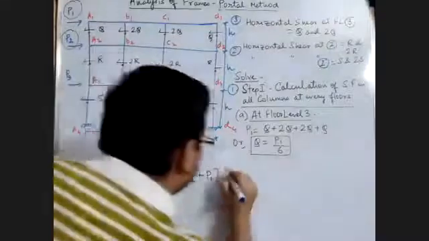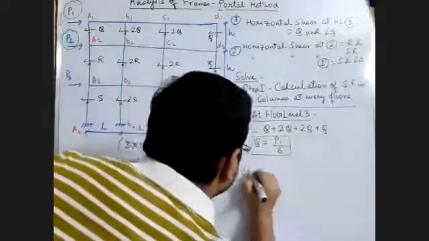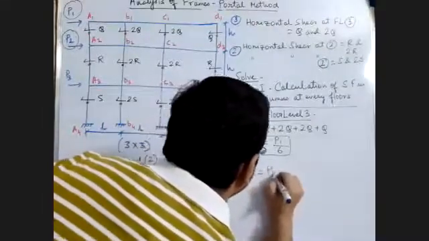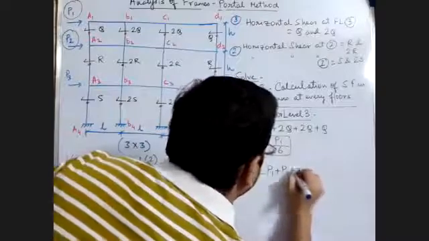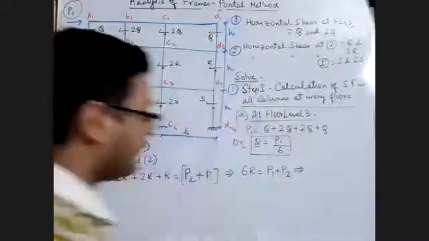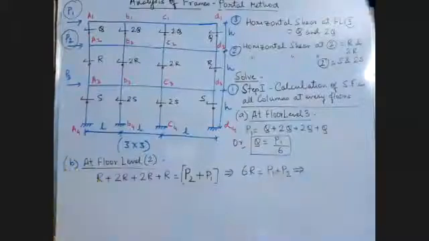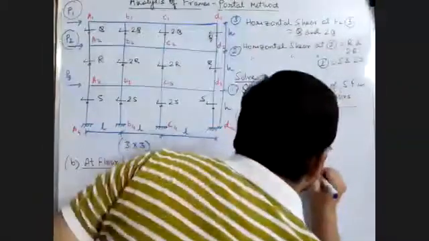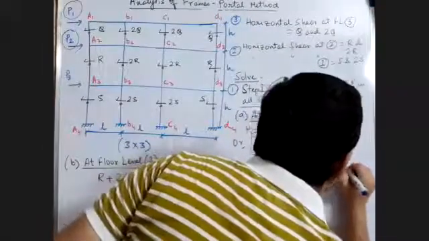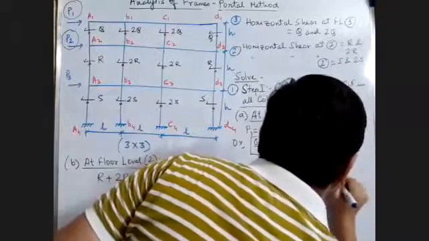So therefore, we will write 6R is equal to P1 plus P2. We already know P1 and P2 values, given in the question paper. So R will be P1 plus P2 by 6.